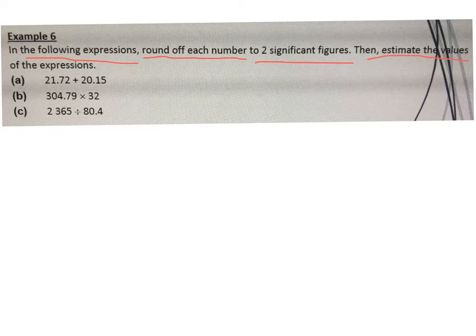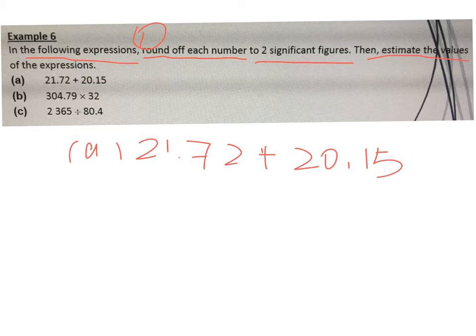As mentioned in the question, first of all, we need to round off each number to two significant figures. So for 21.72 plus 20.15, the first step is to round off to two significant figures.